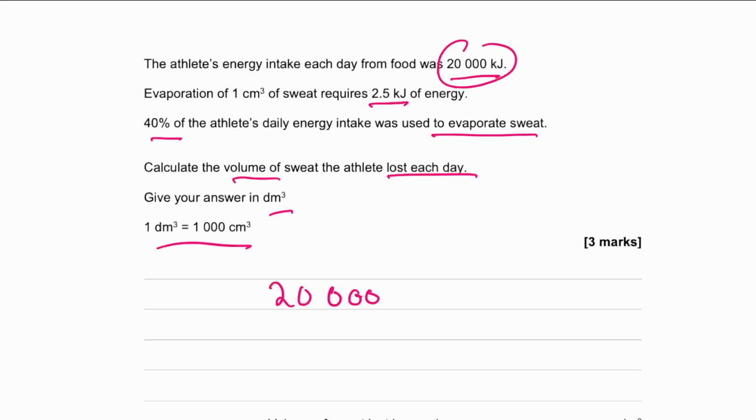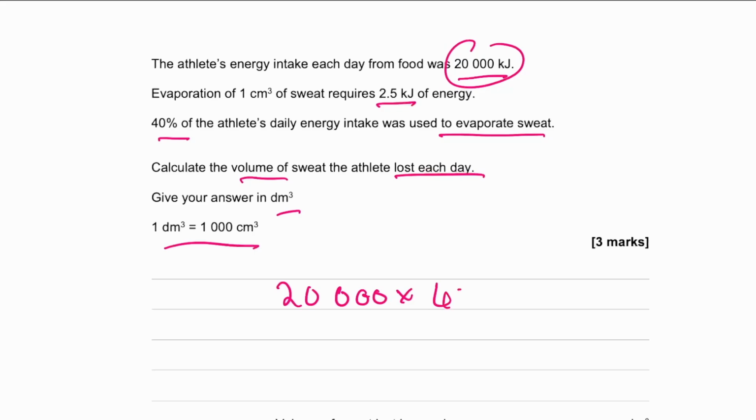And then if you times this by 40%, you can times by 40 and divide by 100. And if you do that, then you'll end up with how much energy the athlete actually used to evaporate the sweat. So if you work that out on your calculator, you should get 8,000 kilojoules.